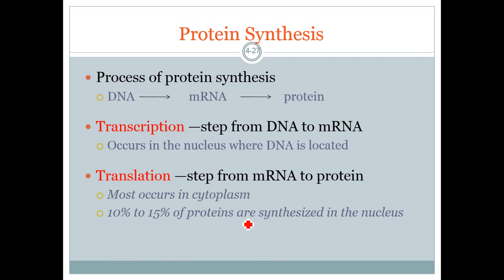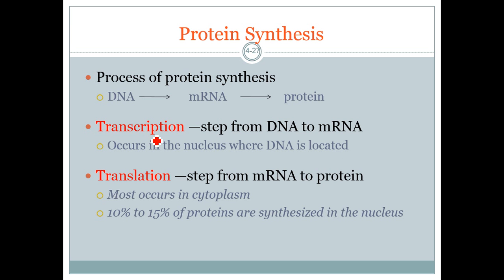So when we look at the process of protein synthesis, you have your DNA. It converts, or it's coded, mirrors itself to mRNA, and the mRNA helps with producing the proteins needed. Now, it goes through various steps. We have our transcription and our translation. From DNA to mRNA is transcription.